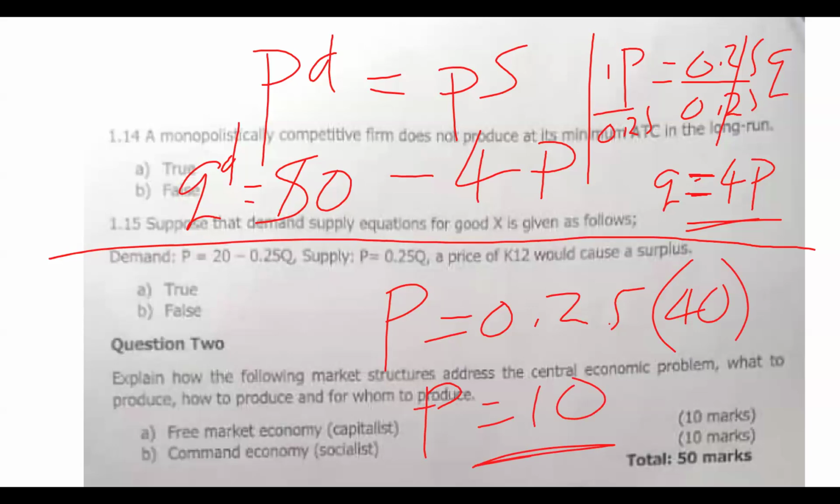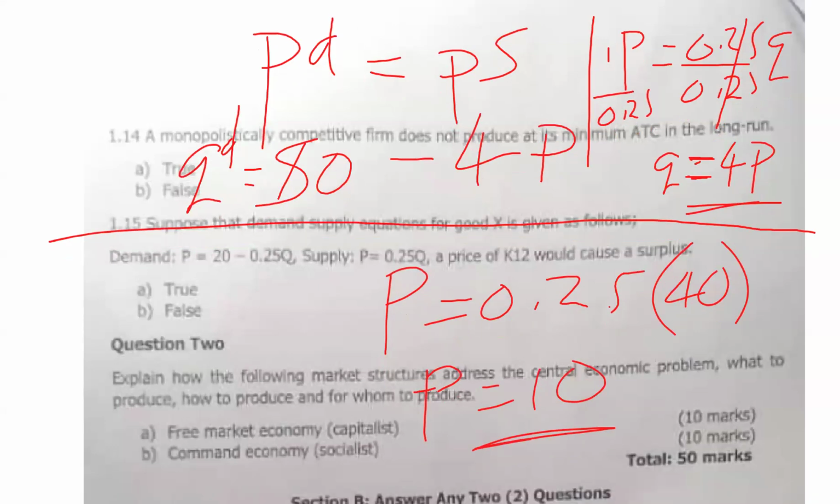Having scored all that, now we can still use the ordinary functions and check if we find the same answer. Ordinary function, quantity supplied equals quantity demanded, that equals what? 4P.